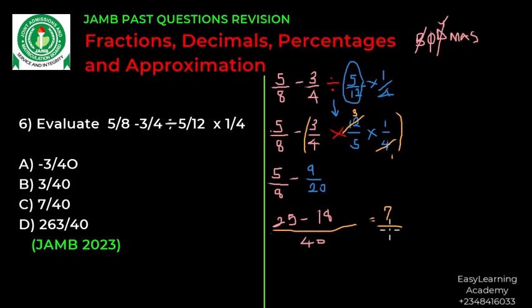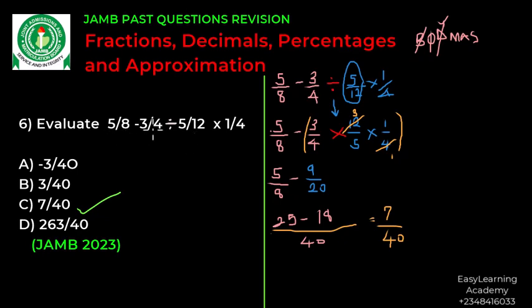Can these two cancel? No, it cannot, and already it is a proper fraction. So let's check our options if we have any option like that. Of course there is an option there, and that is option C, 7 over 40. So if you have 7 over 40, you're correct. That's the correct answer. Okay, it was very simple.